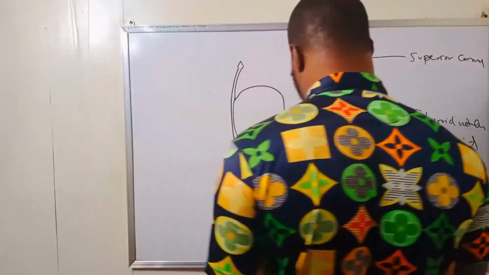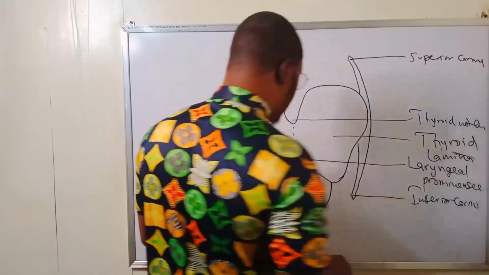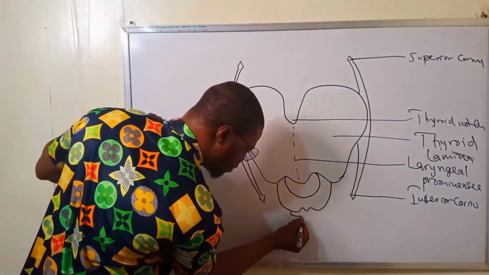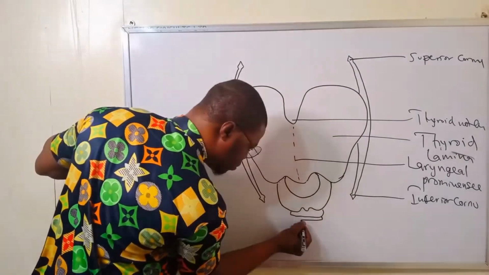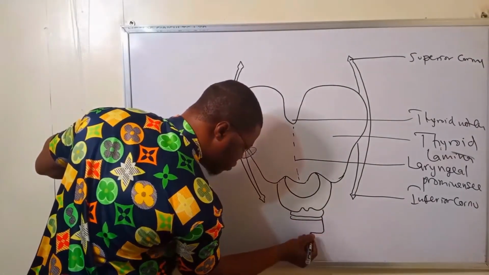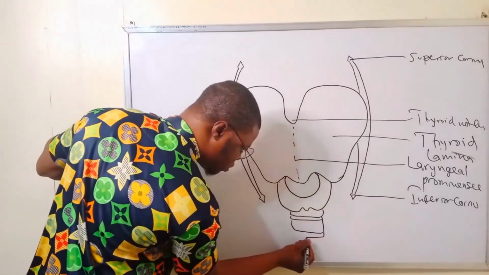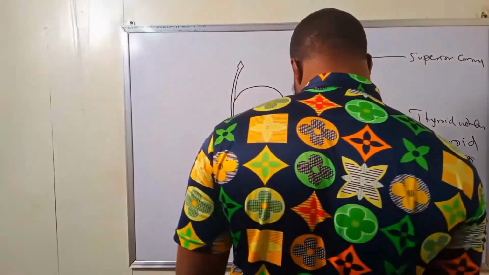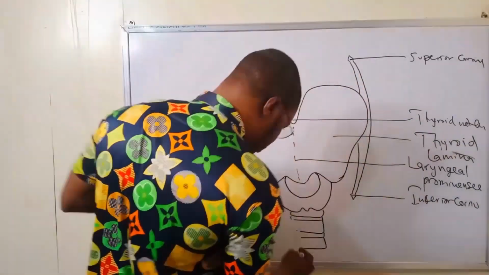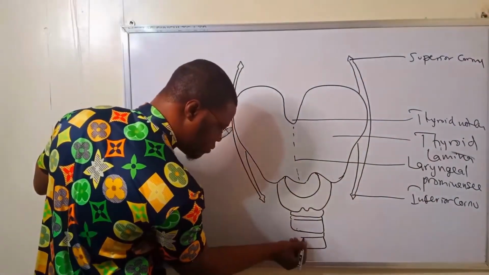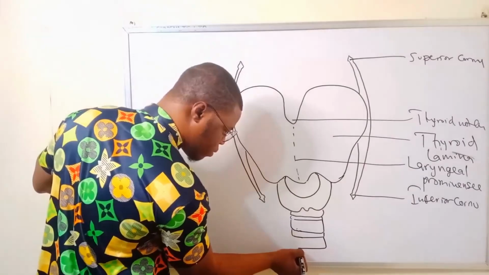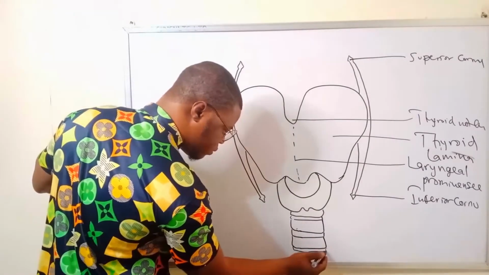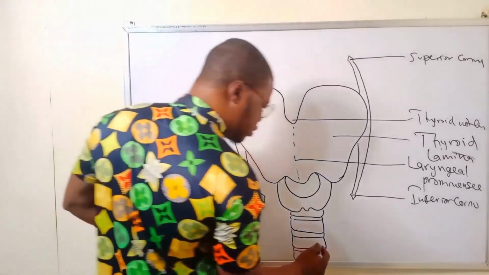So let's take a look at it from here. Okay, not bad. Now, we said under these, we have some structures there, and that is the trachea. So you can use a big U and a small U. Is it straight? Not straight as usual. So this is the trachea below.